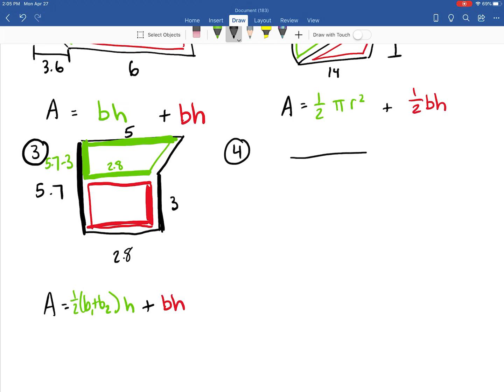Number 4 kind of looks like a racetrack. If I cut off these ends here, I see 2 half circles, which gives me 1 full circle, as well as a parallelogram or a rectangle in the middle.